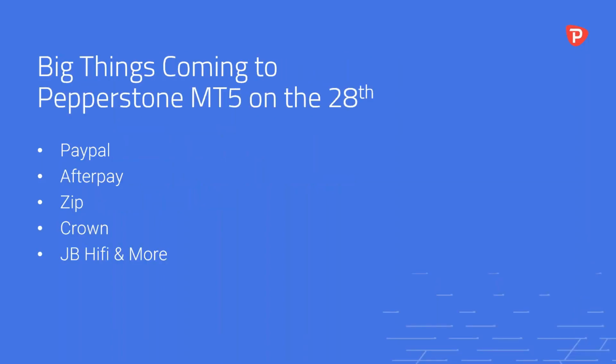But Tyrone, it doesn't just stop there, because big things are coming to the Pepperstone MetaTrader 5 platform on the 28th. And it looks like we're now going to have PayPal, Afterpay, Zip, Crown, and JB Hi-Fi. So for Australian traders out there, you'll be extremely happy with a lot of these. Afterpay, Zip, amazing stuff. And PayPal is, of course, one of my favorite companies, and PayPal has been doing very well in the market. All exciting stuff.